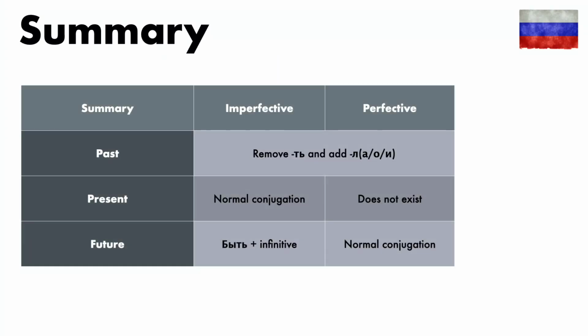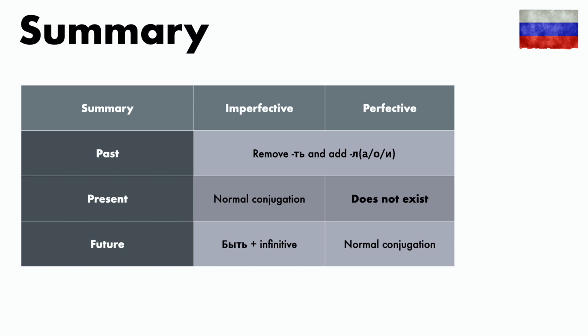Now we can summarize what we have just learned. The past is conjugated by crossing out the ending and then you add the letter L for masculine, an additional letter A for feminine nouns, or O for neuter, or I for plural. The present with imperfect aspect is conjugated normally with endings you saw in the video.